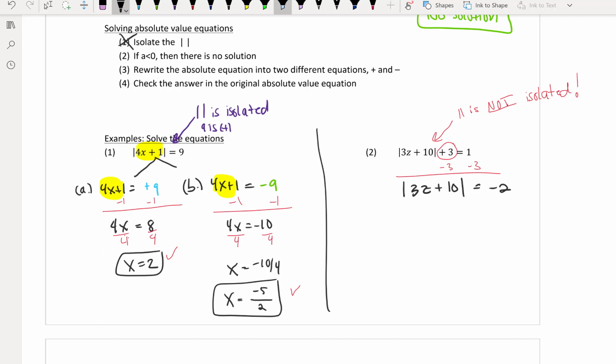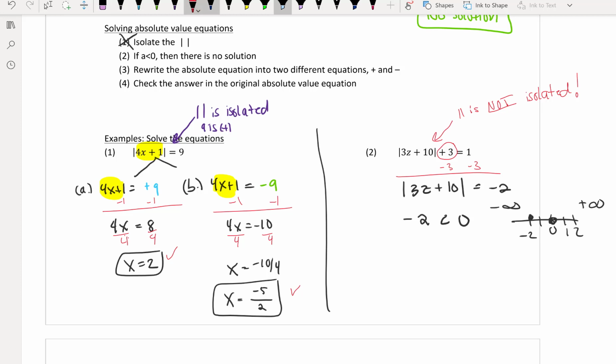I've done that. Now step number 2. If a, which is our negative 2 value, is less than 0, then there is no solution. Well, let's think about it. Is negative 2 less than 0? On the number line, do I have negative 2 that's less than 0? Well, yeah, that's true.